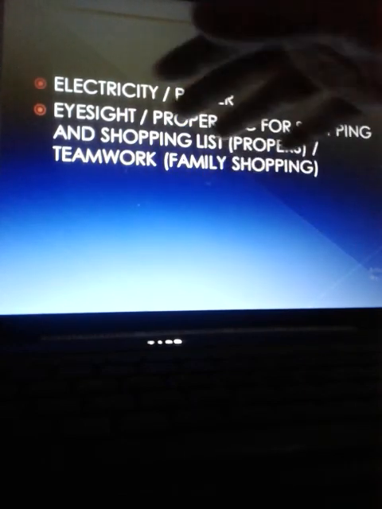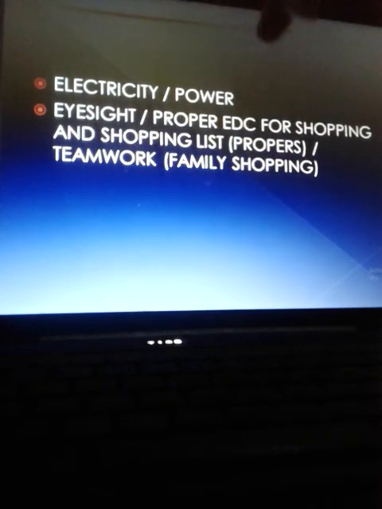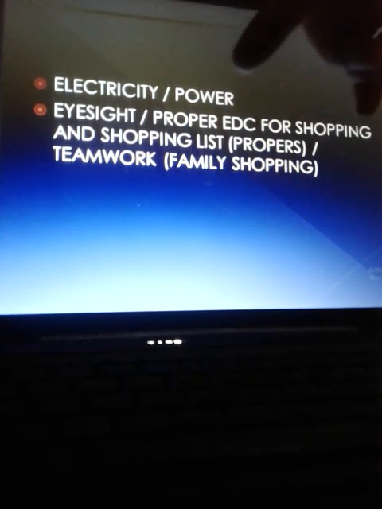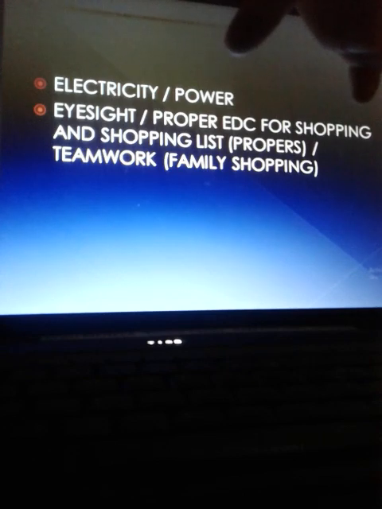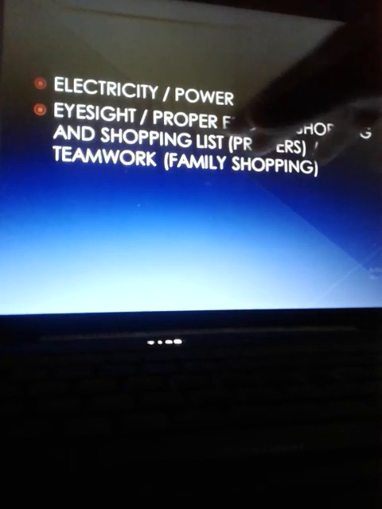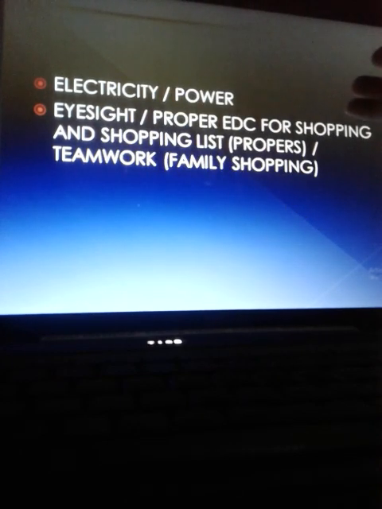So right now, 8 p.m., you have at least 1,000 people that will stay overnight outside of the supermarket, waiting for it to open at 7 in the morning. So it's war. It's kind of like wartime. And so you need a proper EDC for everything.